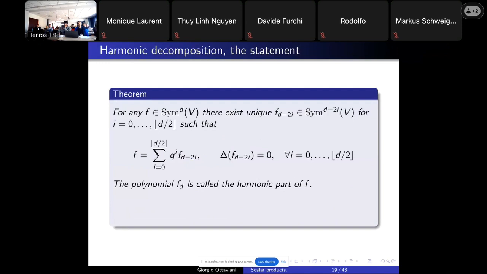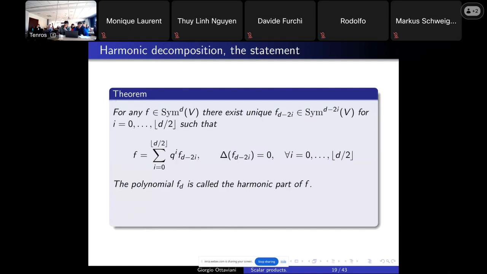You can decompose uniquely any polynomial in such a way that you get F, let's write here what happens. So with that notation, you have F0 plus Q F1 plus Q squared F2. And then, of course, it's finite because we have a finite dimension.